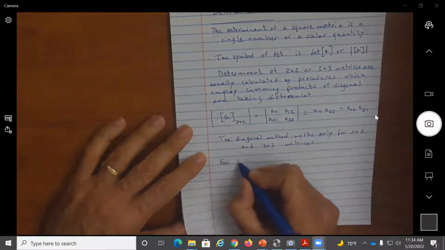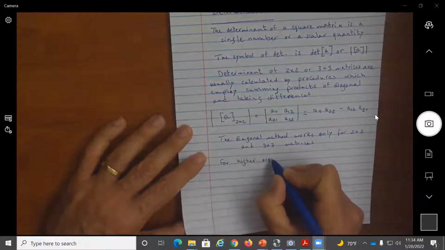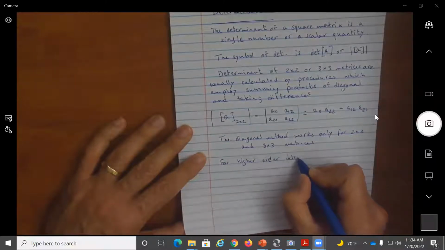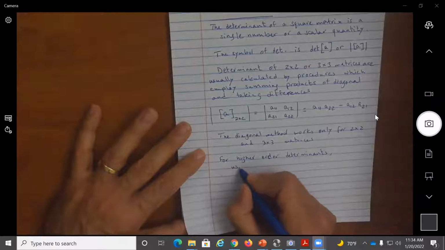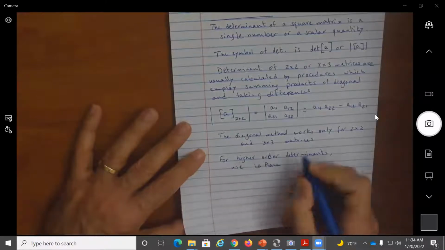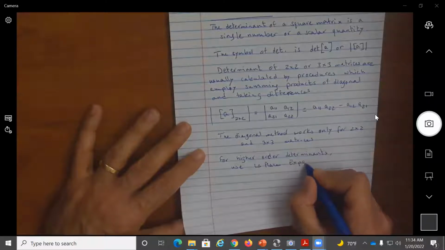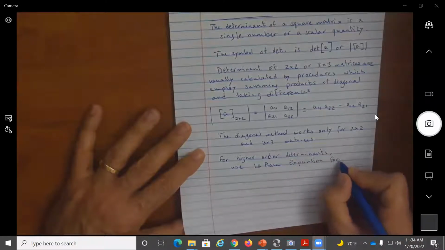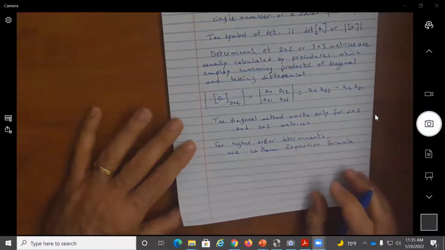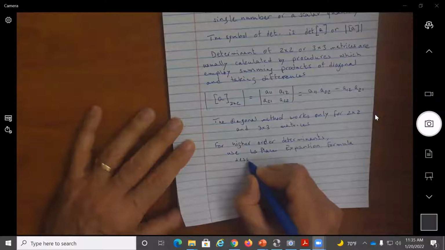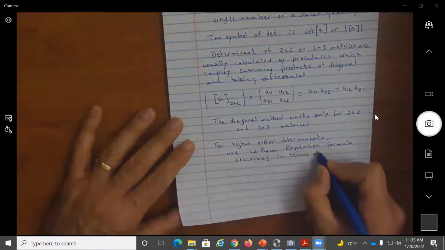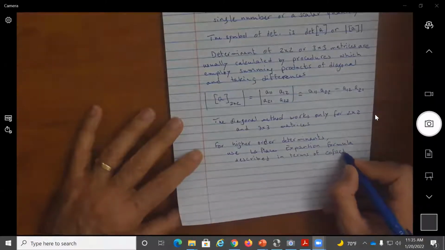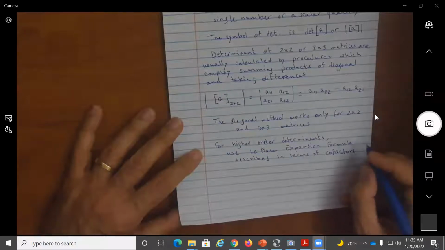For higher order determinants, we can use the Laplace expansion formula, described in terms of cofactors, and that would lead us to our next topic: cofactors, which I'm going to call Cij.